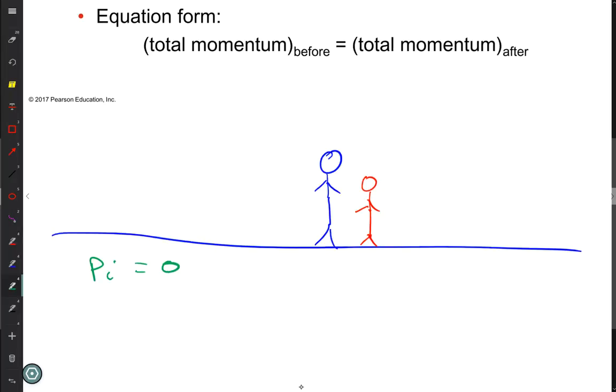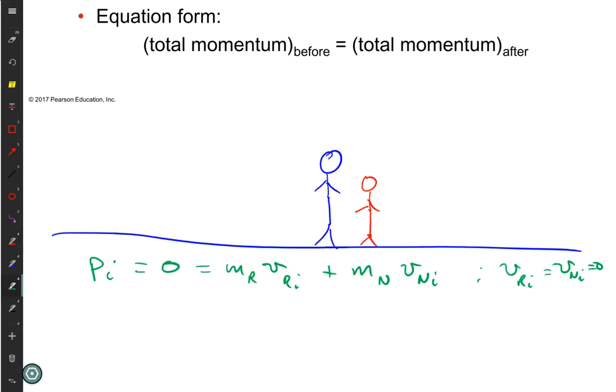Momentum initial was 0 because we started stationary, right? That's mass of Richard times speed of Richard initial plus mass of Naoko times speed of Naoko initial. And both of the speeds were 0. So we started with that momentum. Now, during the push, each of us has a change in momentum, but the net force, the external forces acting on us was 0.